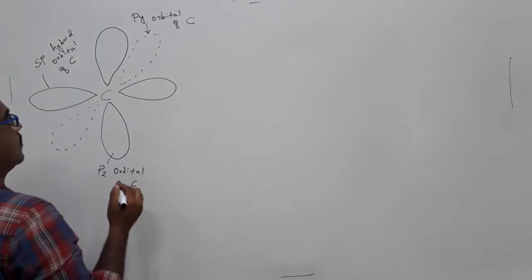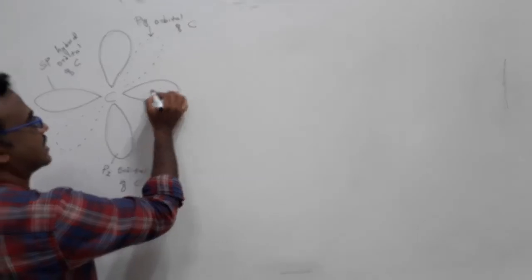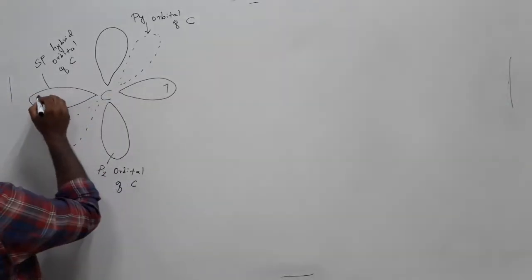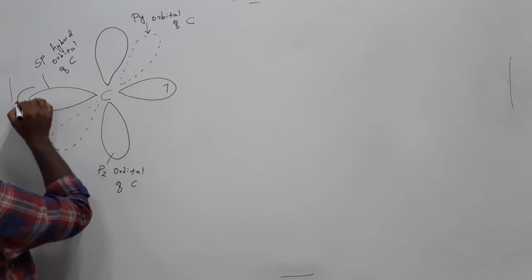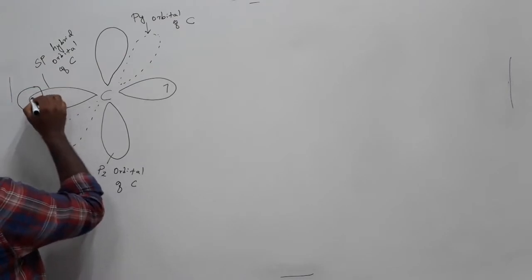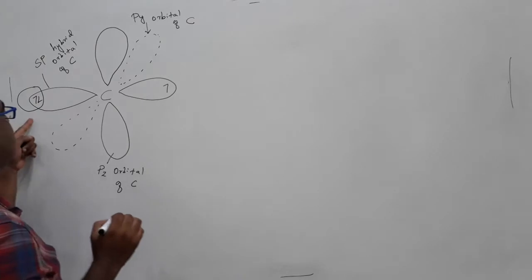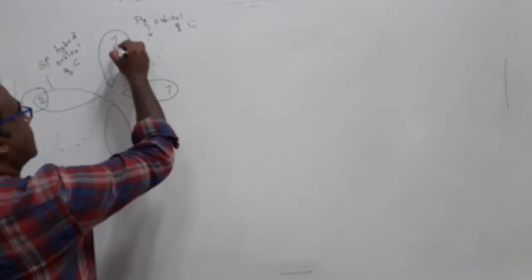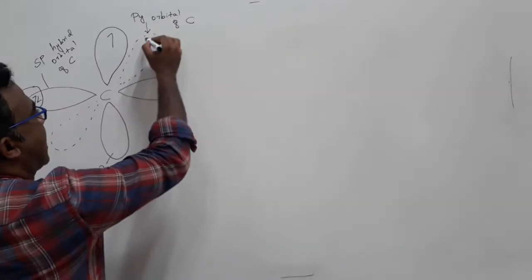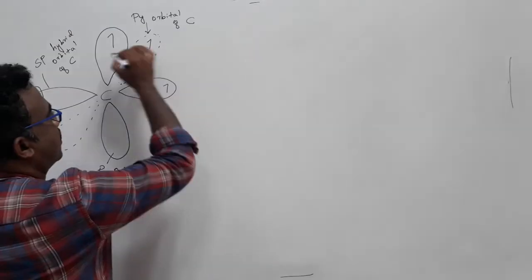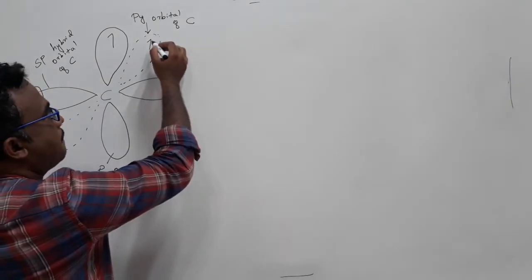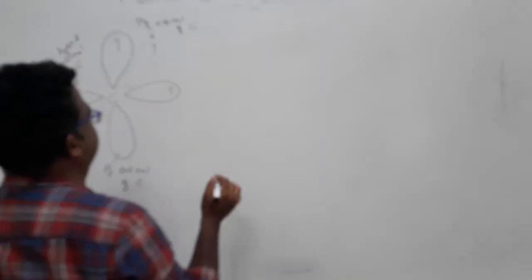So the sp hybrid orbital has a single electron, and it overlaps with the 1s orbital of hydrogen to form a C-H sigma bond. There is one unpaired electron in the sp hybridized orbital, another unpaired electron in the pz orbital of carbon, and another unpaired electron in the py orbital of carbon.